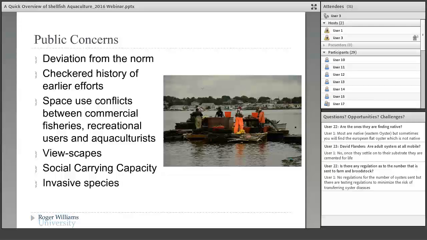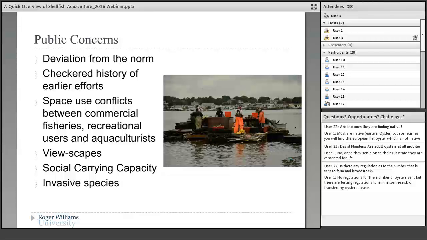We certainly have a number of space use conflicts between commercial fisheries, recreational users, and the aquaculturists. And we also run into a number of issues with the aquaculture impacting viewscapes from upland landowners. All of these we refer to as social carrying capacity. It's sort of the level by which aquaculture can develop before it is unacceptable to society in general.